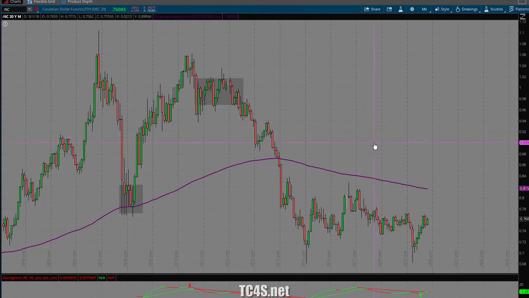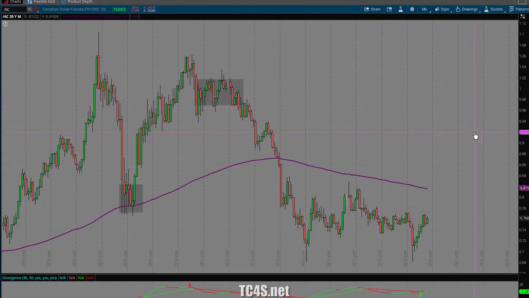So now we want to identify the trends. So if we look at this chart on the Canadian dollar, we are not really in a trend market right now. If you can see that we are more in an accumulation stage. However, the market does appear to be trending to the upside. Why?